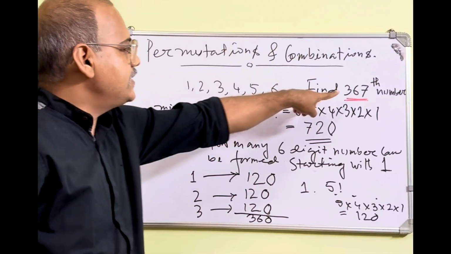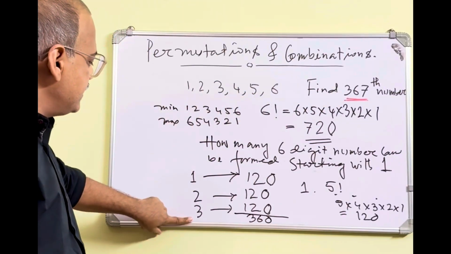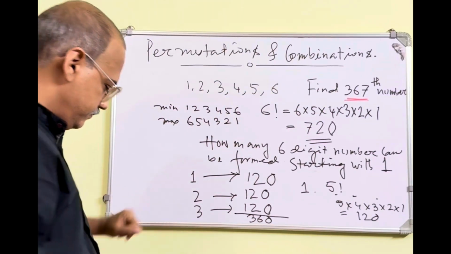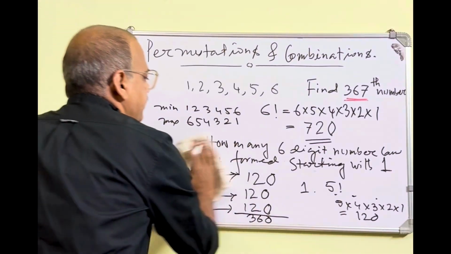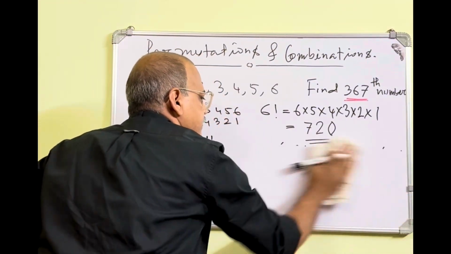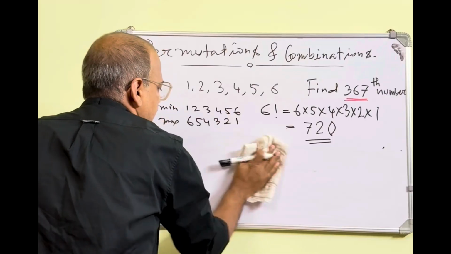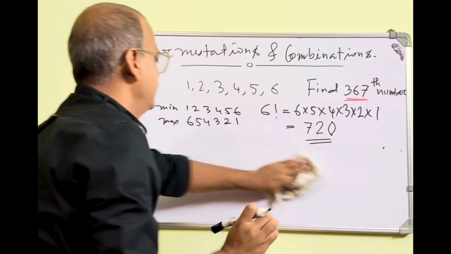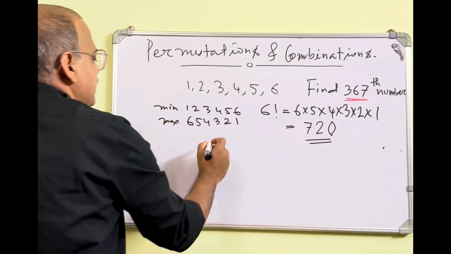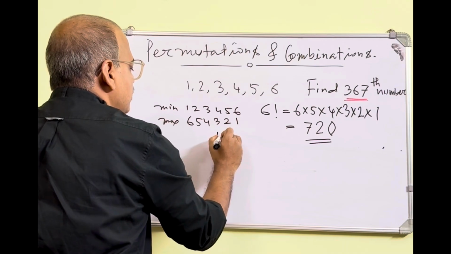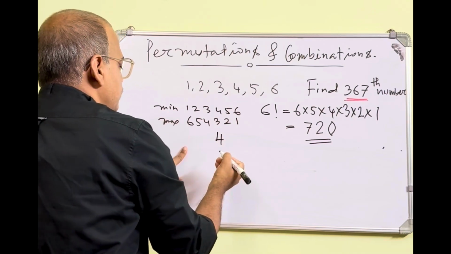So the 367th number definitely will start with 4. So the number starting with 4, we need to find 4.